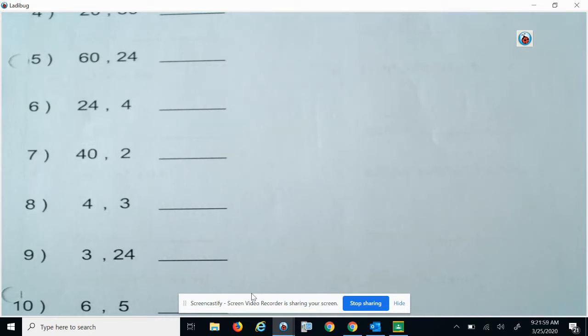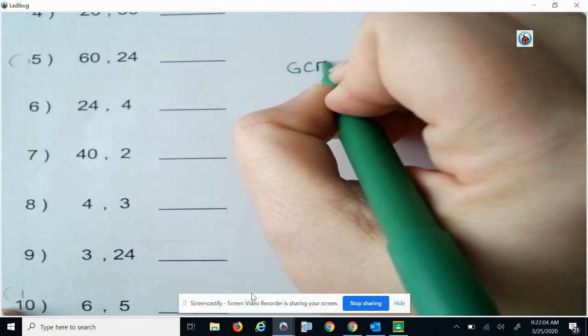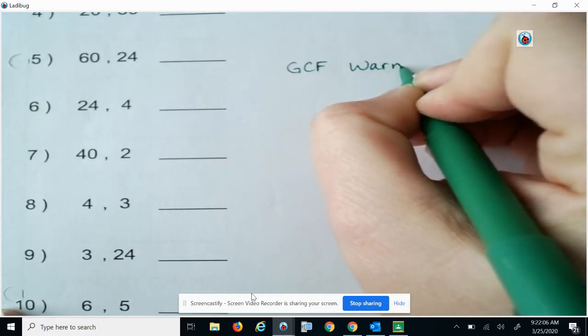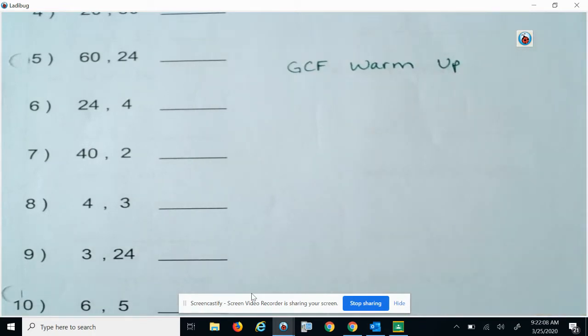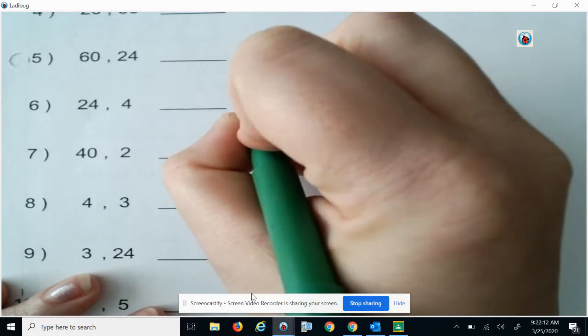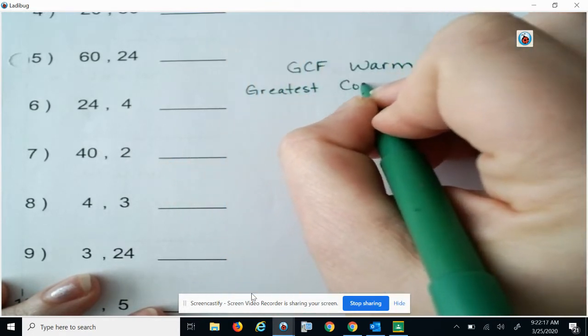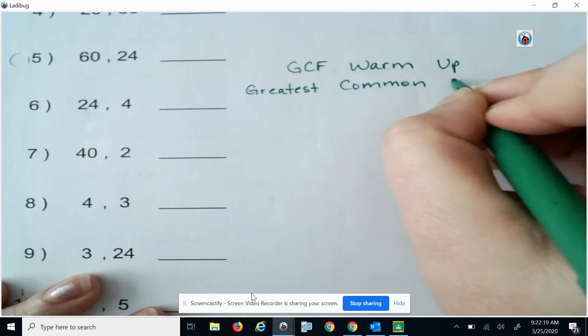This is for your GCF warm-up. Kind of a review from 5th and 6th grade talking about GCF. So GCF means the greatest common factor.